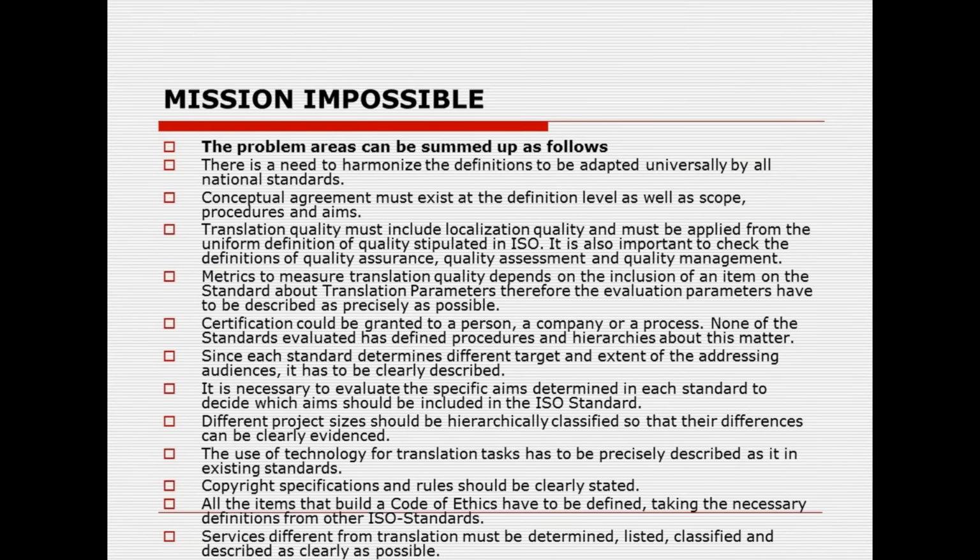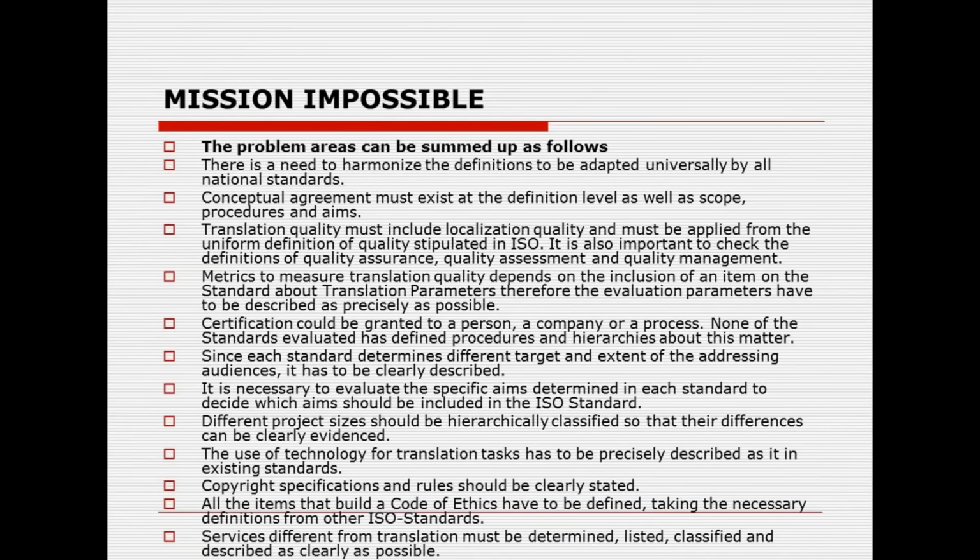When we say it is an impossible mission, there are lots of concerns that have come into the picture. And what are those concerns? How to harmonize the definition. There is no conceptual agreement about the standard. Somebody is talking about text, somebody about non-linguistic aspects, somebody about error, somebody about penalty. There are different matrices of measurement.